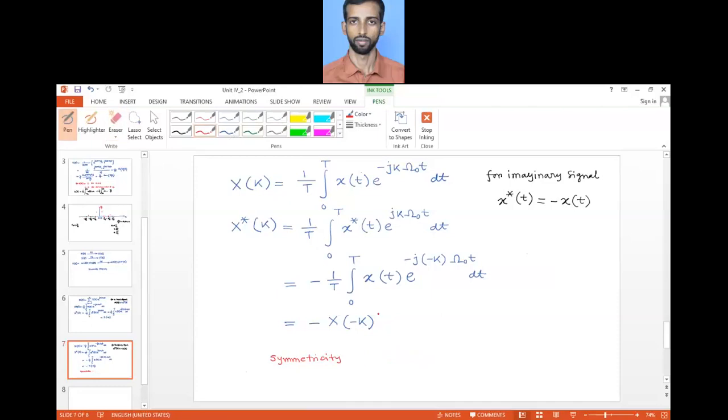This is known as the symmetricity property of Fourier series representation.